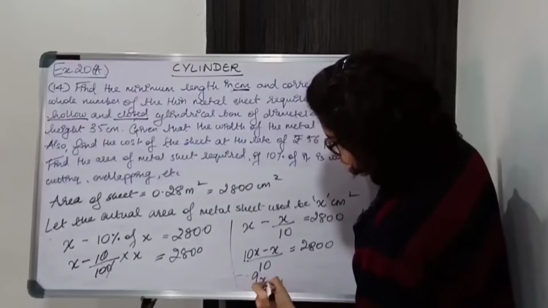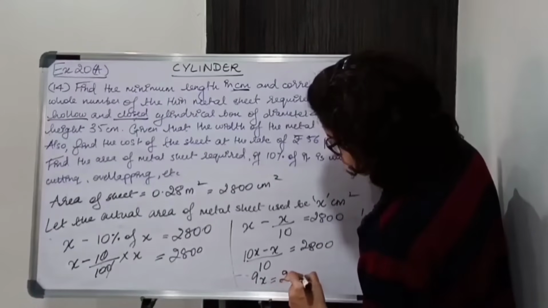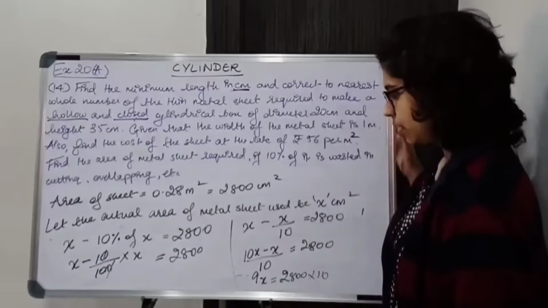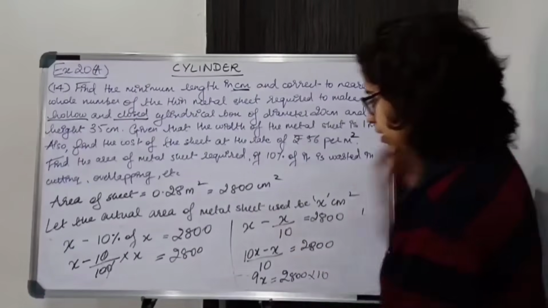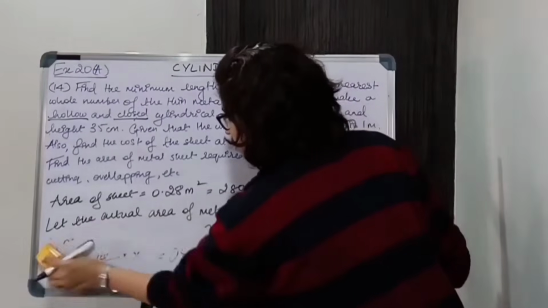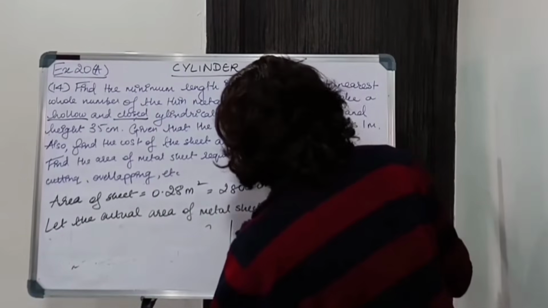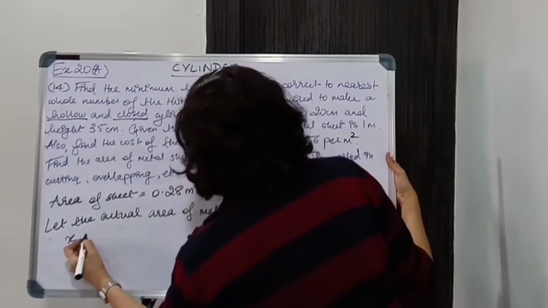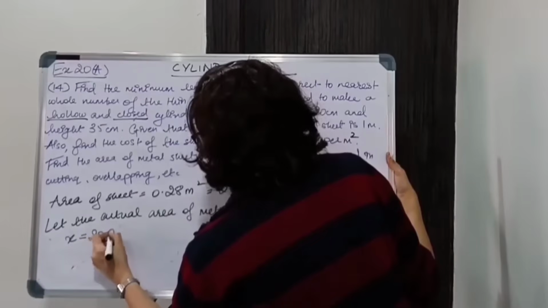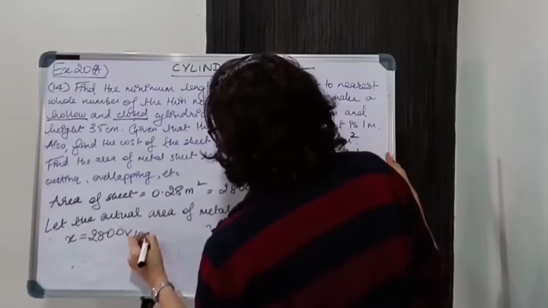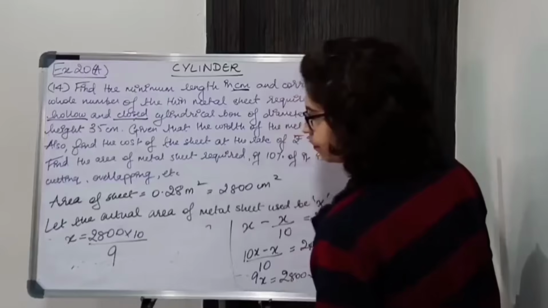So 9x is equal to 2800 into 10. Okay, I'll take 9 over here on the other side. सो क्या हो जाएगा? x is equal to 2800 into 10 upon 9.